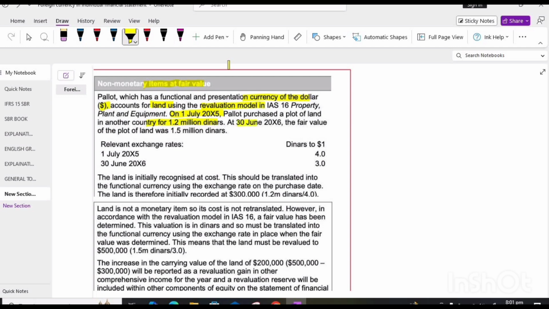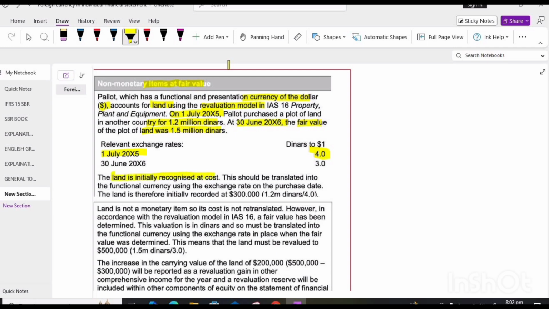On 30th June 2008, the fair value of the plot of land is this one. So the relevant exchange rate on 1st July was this one. First you have to recognize it at this amount and then retranslate at 30th June because the land is using a revaluation model.